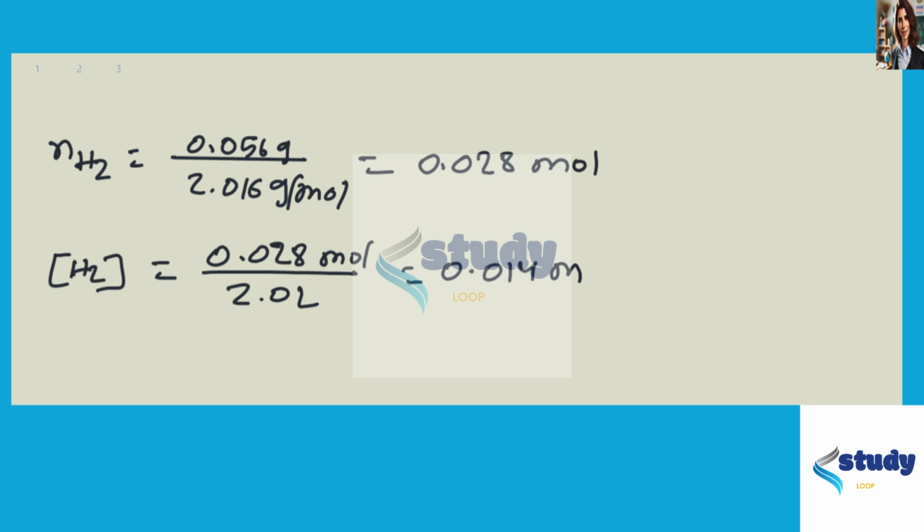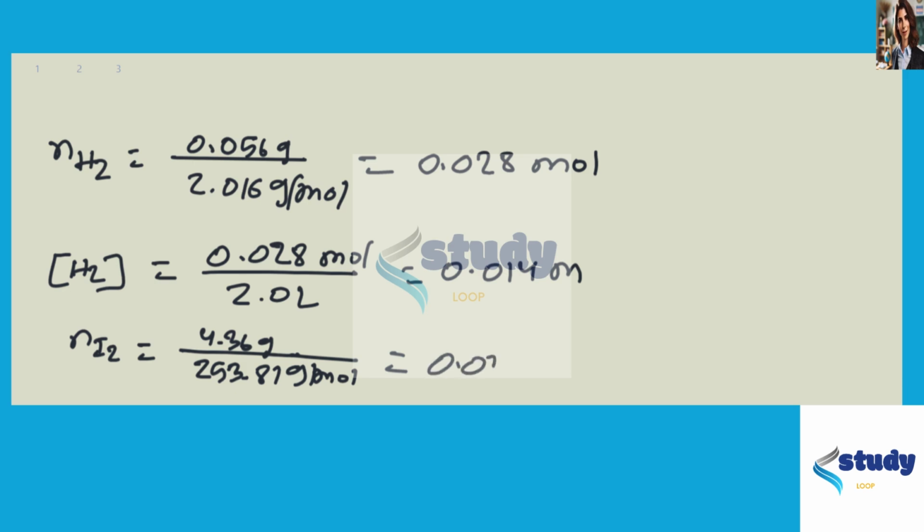In the same way we can find the number of moles of iodine just by dividing its mass by molar mass. The mass of iodine is 4.36 gram, and its molar mass is 253.81 gram per mole. From there we find the number of moles of iodine, which is 0.017 mole.